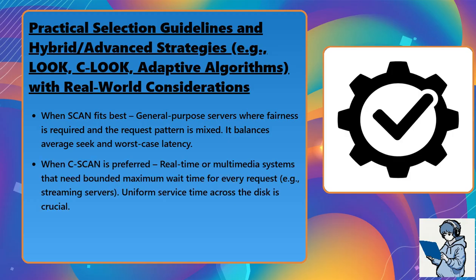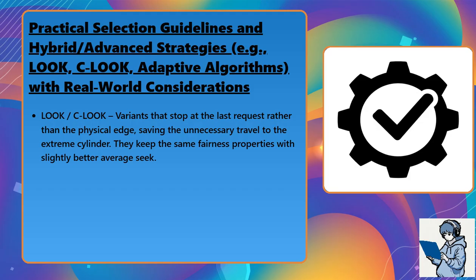When C-SCAN is preferred: real-time or multimedia systems that need bounded maximum wait time for every request, for example streaming servers. Uniform service time across the disk is crucial. LOOK/C-LOOK, variants that stop at the last request rather than the physical edge, saving the unnecessary travel to the extreme cylinder.